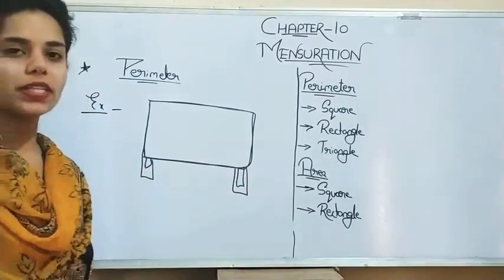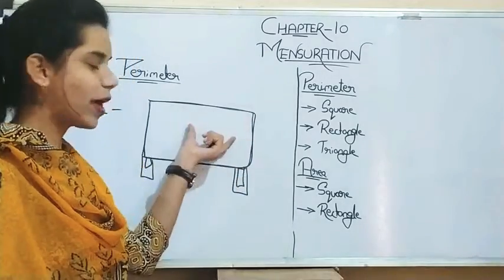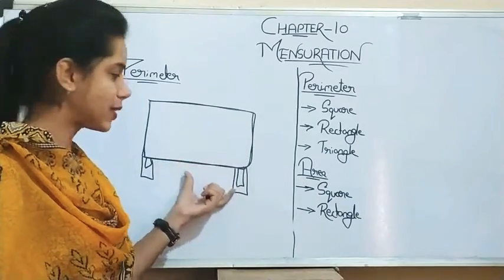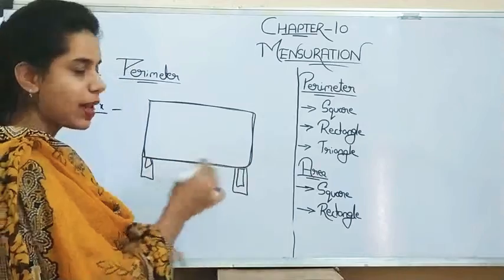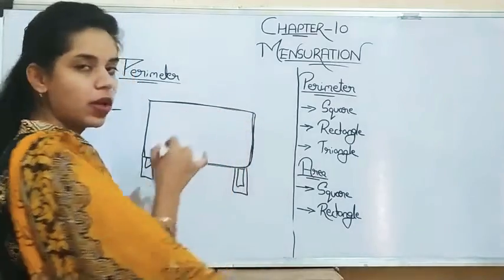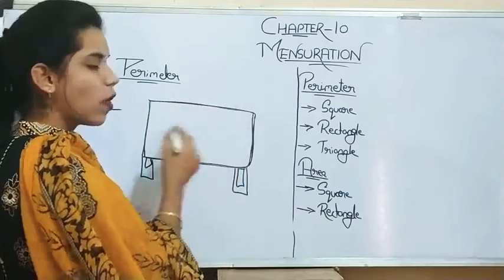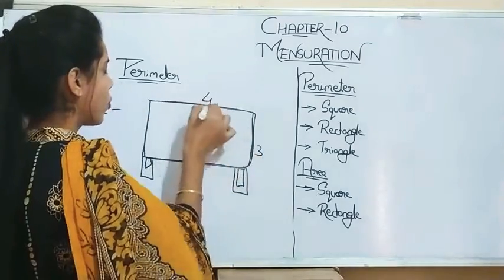So how many centimeters of tape will you require? For this you need to measure the length of this table and breadth of this table. If you add all these lengths and breadths, suppose this is 4, 3, 4, 3.